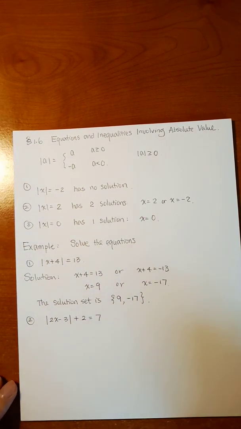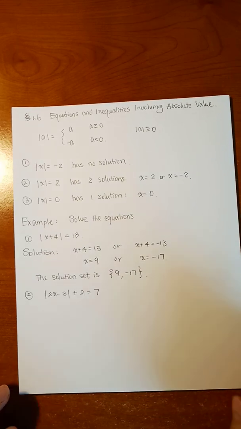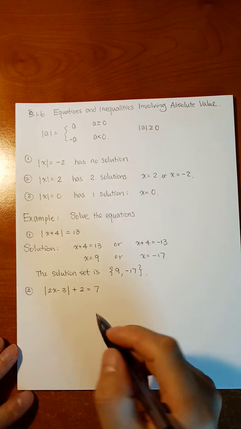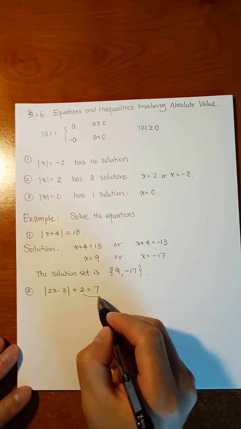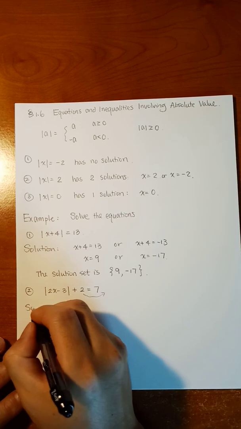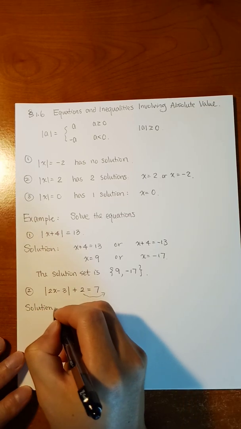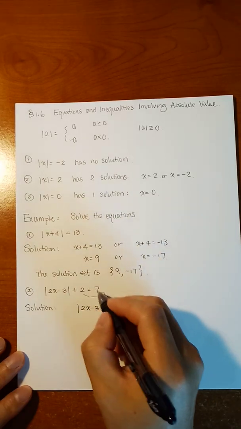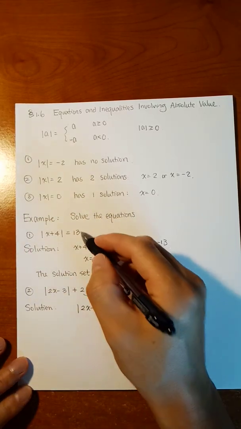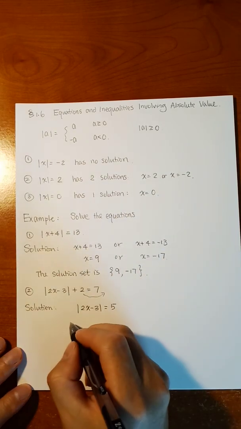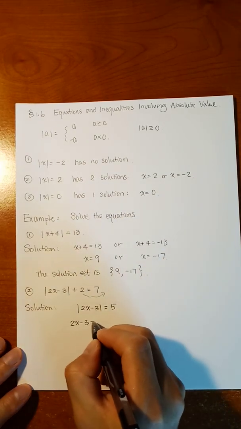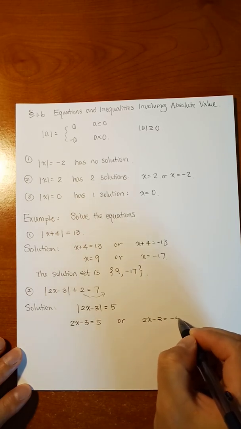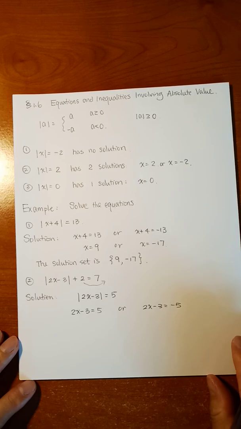Second, the absolute value of 2x minus 3, the quantity, plus 2 is equal to 7. For this one, the first step, you have to move this 2 to the right side. 7 minus 2 is 5. And then you're back to the first type. So the internal stuff is equal to 5, or 2x minus 3 is equal to negative 5. Two choices.